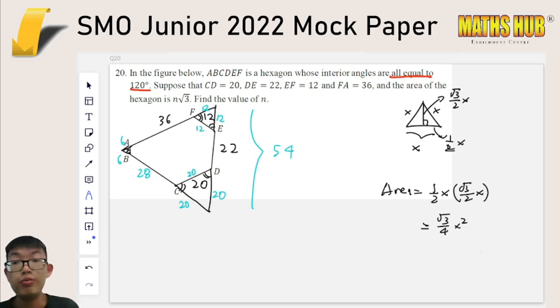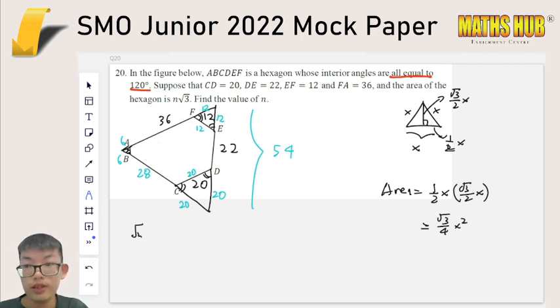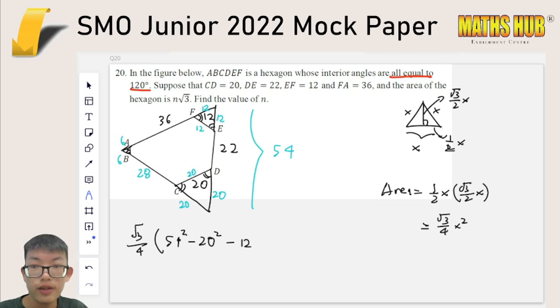And so coming back to our problem, now all we need to do is to calculate the big equilateral triangle minus the 3 small equilateral triangles, which is square root 3 over 4 times 54 squared minus 20 squared minus 12 squared minus 6 squared.